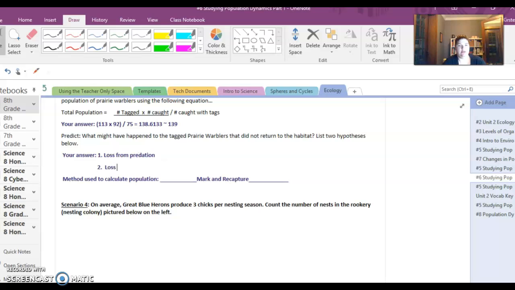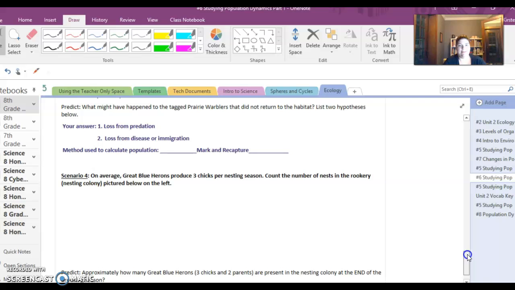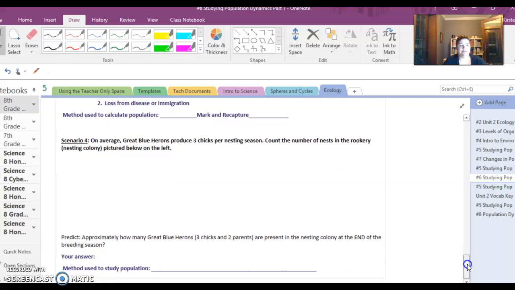Maybe it would be loss from disease, or maybe the birds decided to immigrate to a new location, a new population. So there's really a lot of options as to what could cause a population to go down, because there are endless possibilities for death, and then there's also immigration. So those are really the 2 main ways that a population can decrease.